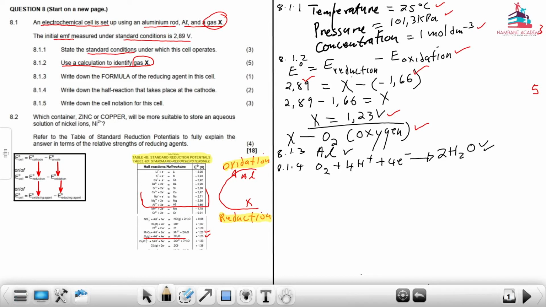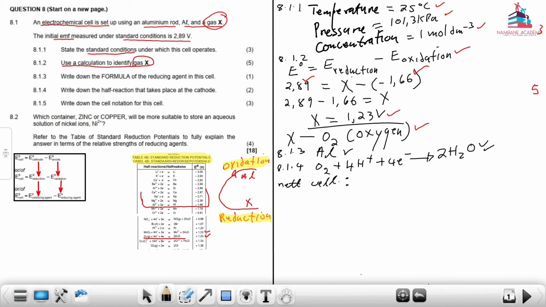But before I answer that one, I want us to have the net cell. Let's have the net cell, and for that I need the aluminium half cell.